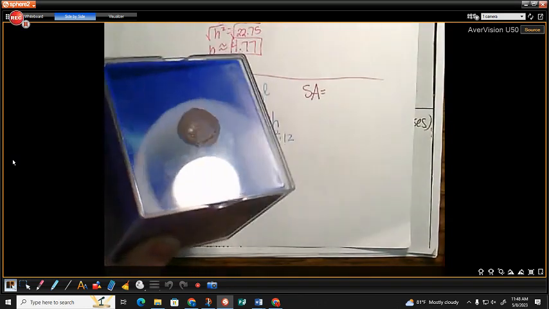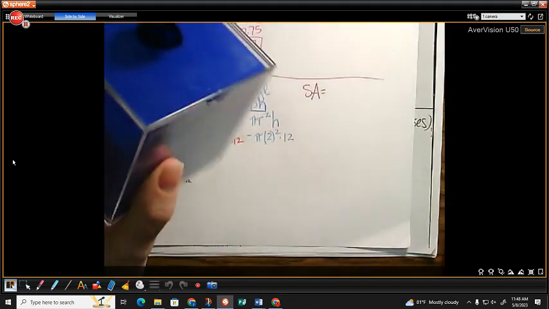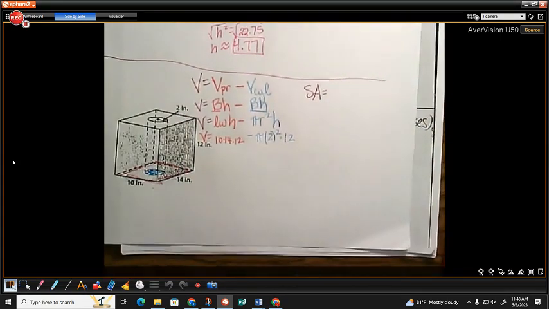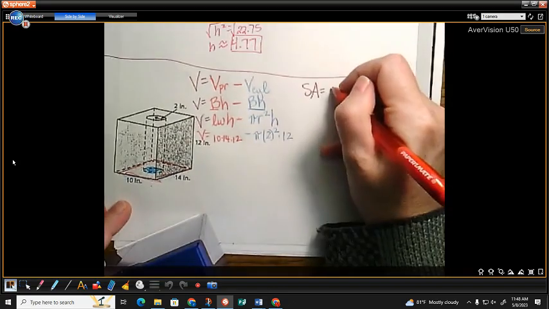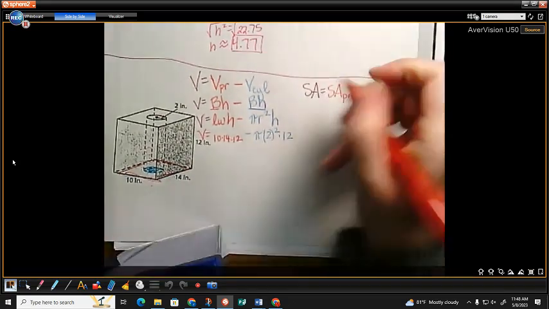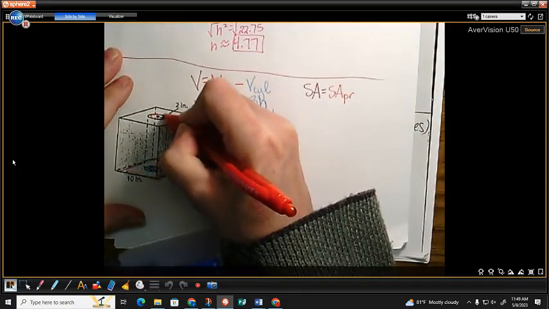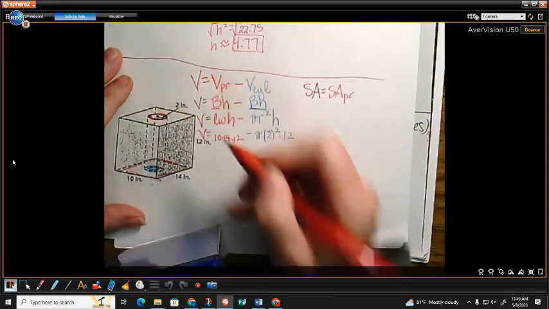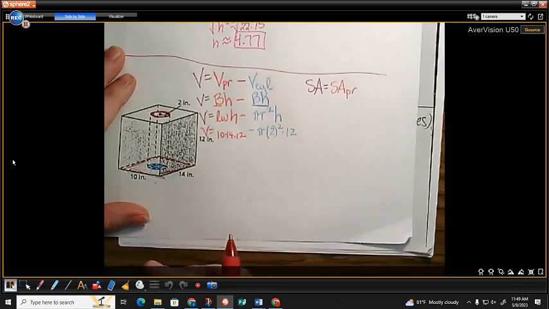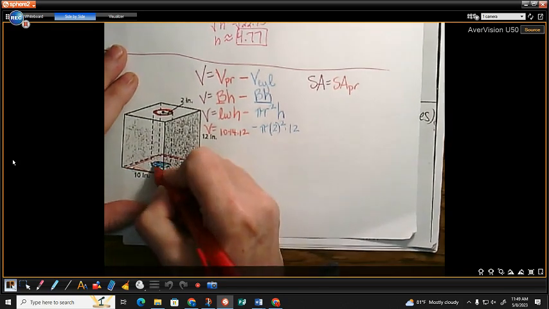So if I'm looking at this guy, and I want to find the surface area, do I need to find the surface of the entire block? No. I want to find the surface area of the prism, but wait. Is there a piece of surface right there? No. There's a hole. Wait, is there surface in the middle?